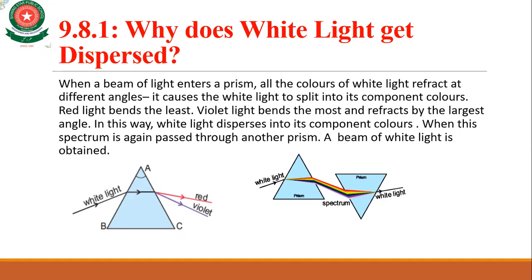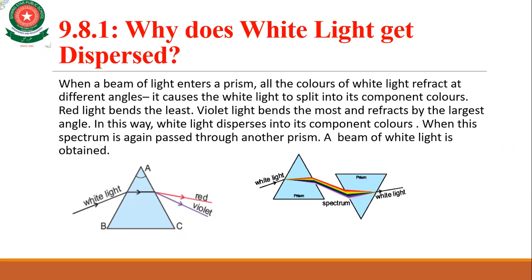So if you have only one prism, then the white light will split into seven colors. And if you have another prism placed at some angle, then all these seven colors are combined again and make only one ray, which is known as white light. That is the phenomenon due to which white light can be dispersed.